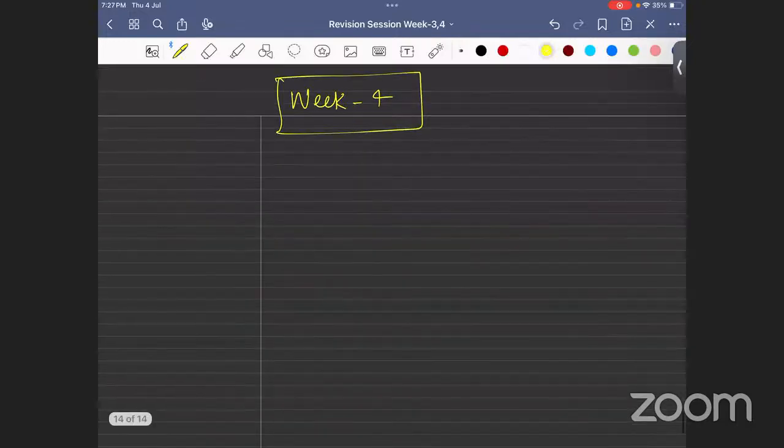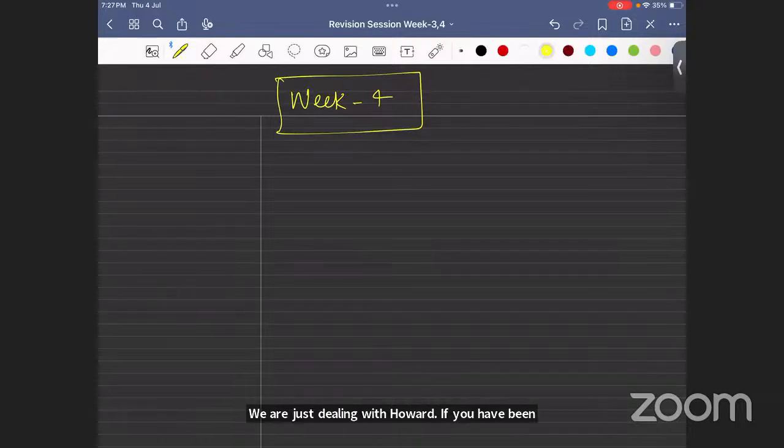Okay. So in week 5, we are just dealing with how, if you have been given two variables, one can be categorical and one can be a numerical variable, and how those are associated. Okay, this is what we are dealing with. In week 4, we are just dealing with the association between two categorical variables.